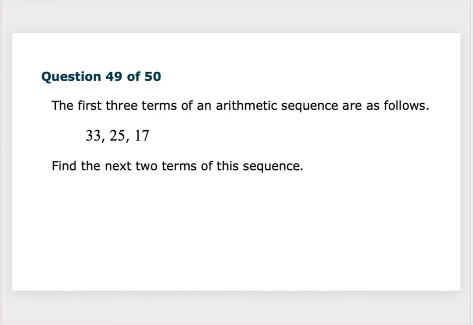Question 49. The first 3 terms of an arithmetic sequence are as follows: 33, 25, 17. Okay, what is happening each time? Now, an arithmetic sequence is an adding and subtracting sequence. So we're just adding, in this case subtracting, the same thing as we go down.